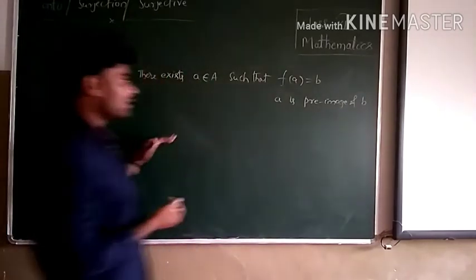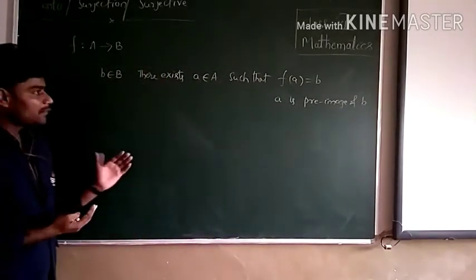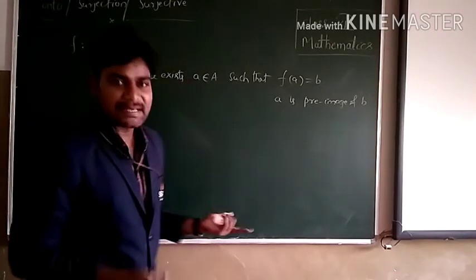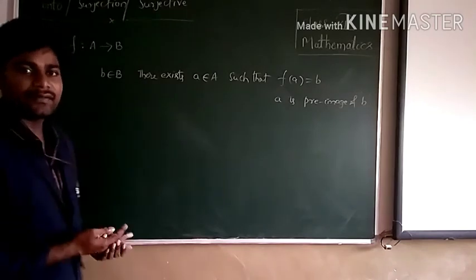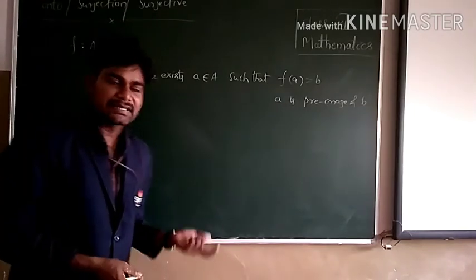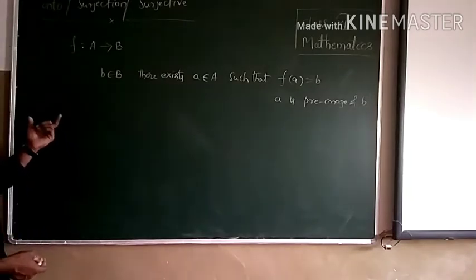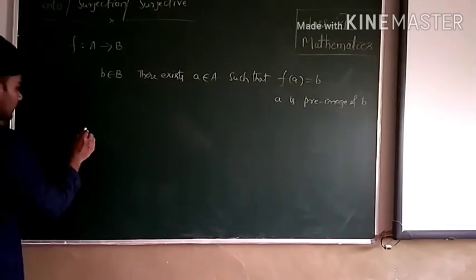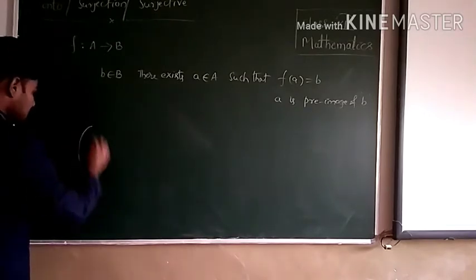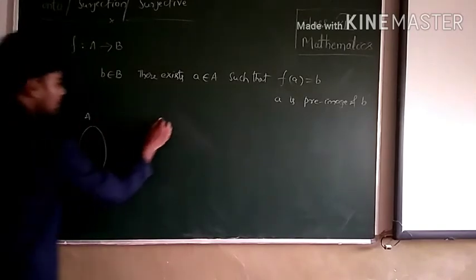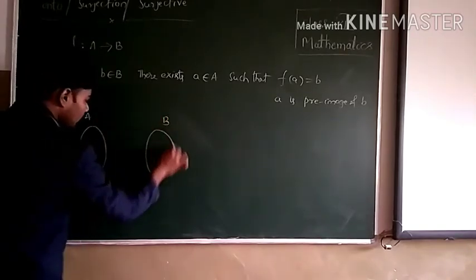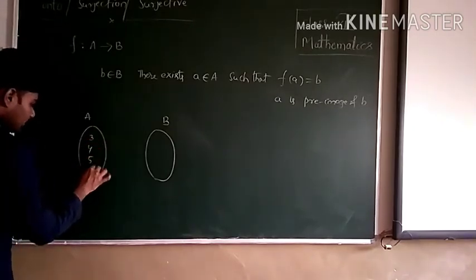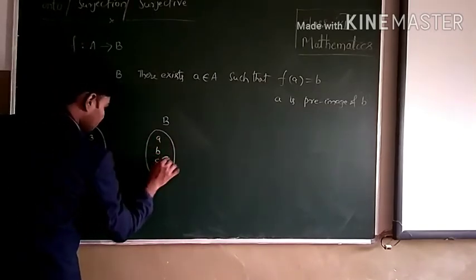So this definition we can say in another way. If every element of B has one pre-image in A, then the function is also said to be an onto function. So let's see the example. First I consider one side this is A and this is B. Another set here: 3, 4, 5, 7 and a, b, c, d.